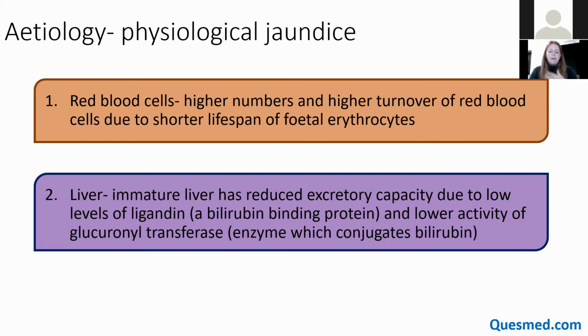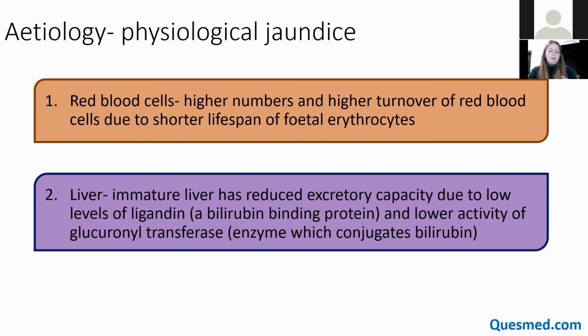After birth, they get replaced by normal erythrocytes. You have more fetal erythrocytes than a baby will after they get rid of them, and fetal erythrocytes also have a higher turnover. So you've got more of these blood cells to get rid of, and they have a higher turnover after you're born.